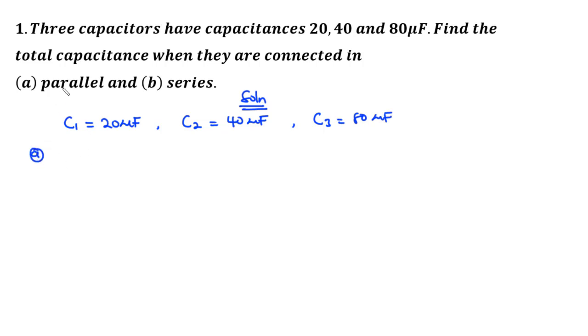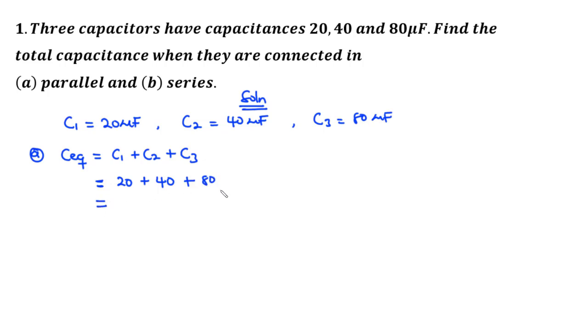First of all, for capacitors connected in parallel, we know that the equivalent capacitance is equal to the algebraic sum of the individual capacitors. So here we have 3 of them, that is C1 plus C2 plus C3. Let's input the various capacitor values: 20 plus 40 plus 80.